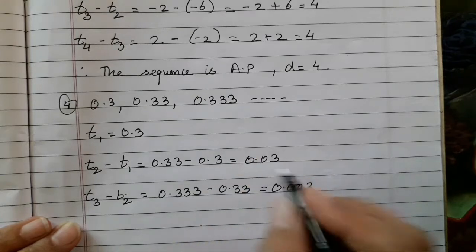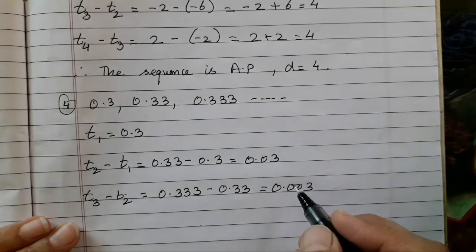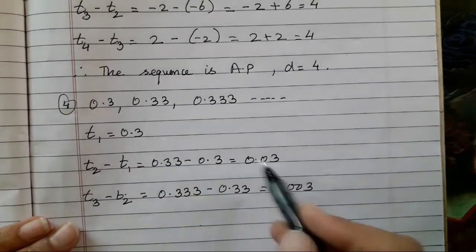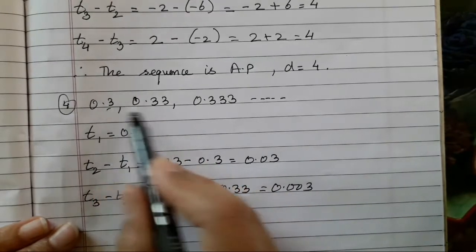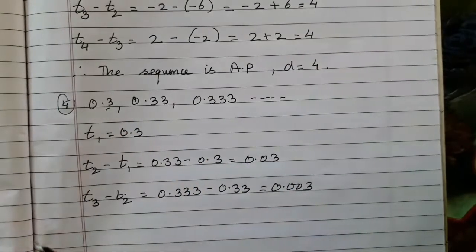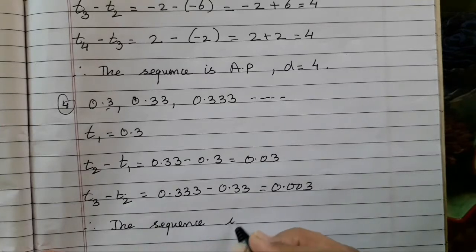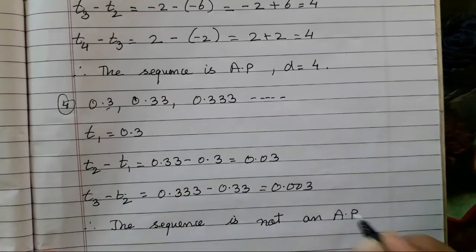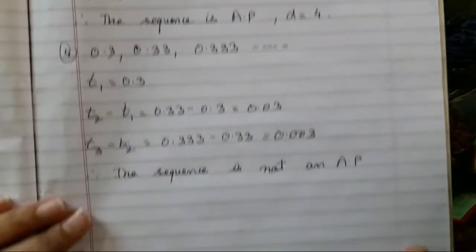Now you will see the differences between consecutive terms are not the same. The difference between these two terms and these two terms is not constant. The differences are changing. Therefore, the sequence is not an AP as the difference is not constant.